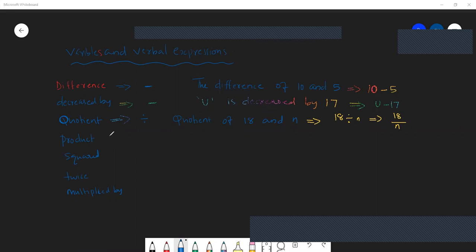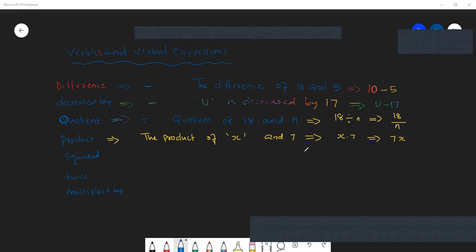Similarly, what is the meaning of product? Product represents multiplication. If a word problem says the product of x and 7, the product of two numbers, what is the corresponding algebraic representation? It is either x times 7, or you can write 7x.